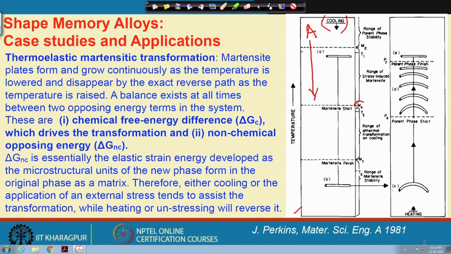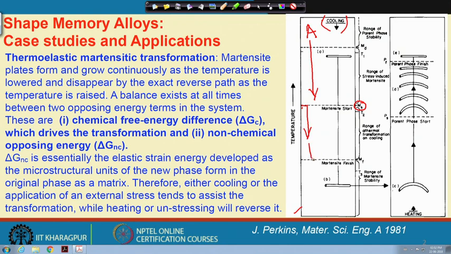The martensite start temperature is represented by Ms, and so we need some amount of thermal driving force to initiate the transformation, and as we decrease the temperature continuously, the martensite phase will continuously grow.